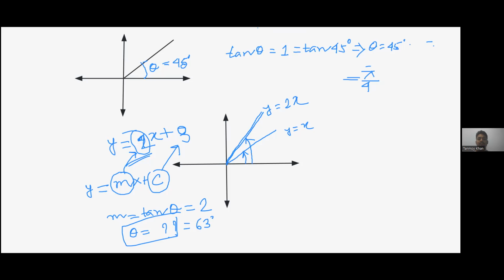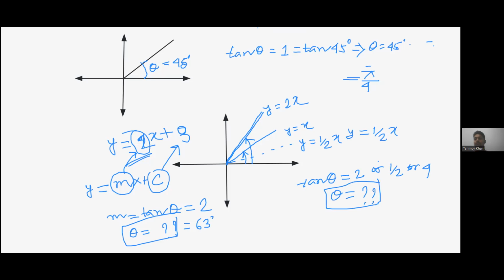Similarly, if we think of y equals half x, how will it look? That time the angle will be smaller than 45, and you can just go by the value of tan theta. If tan theta is 2 or half or 4, you can calculate what theta is, and from that you can know how to draw your straight line.